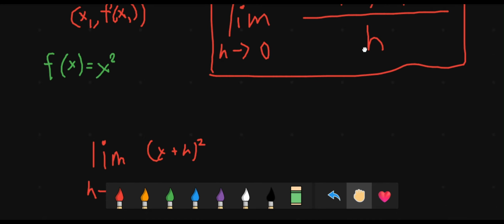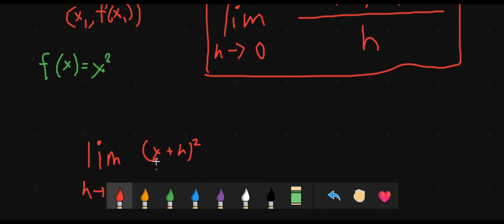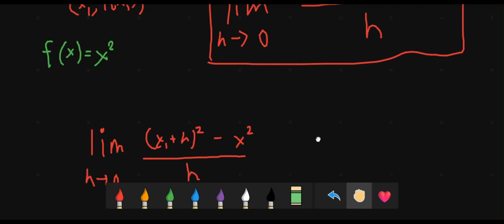So f of x plus h, or x1 plus h. Then we subtract x squared. This is important. We divide once again by h, because that hasn't changed from our f of x.